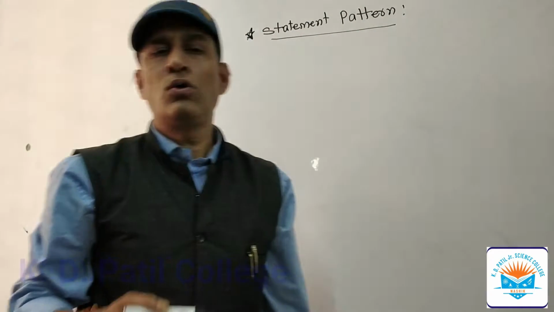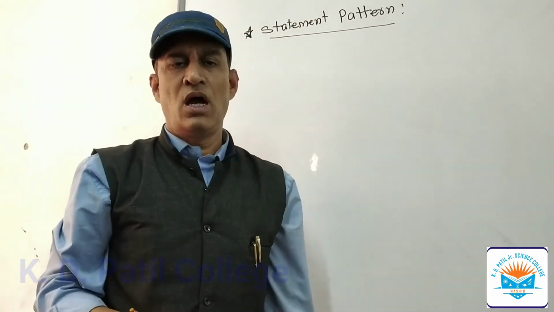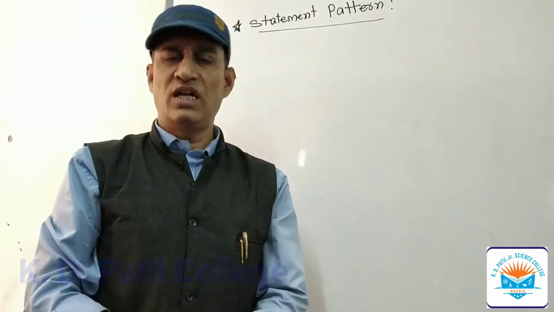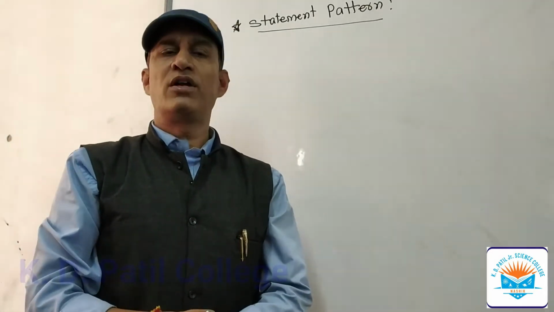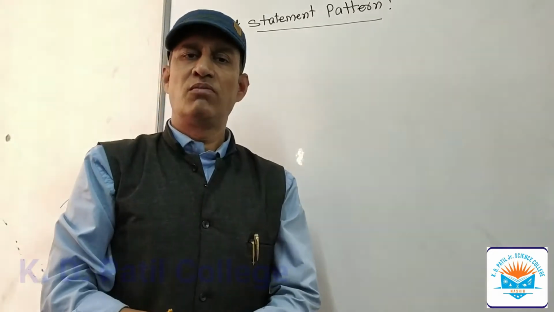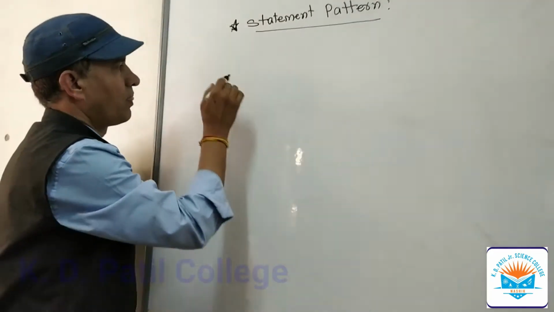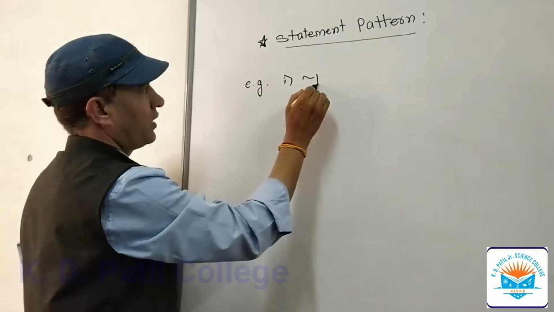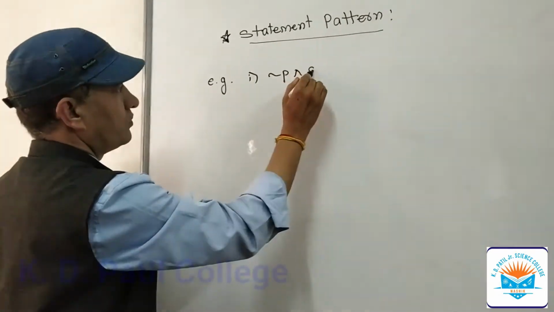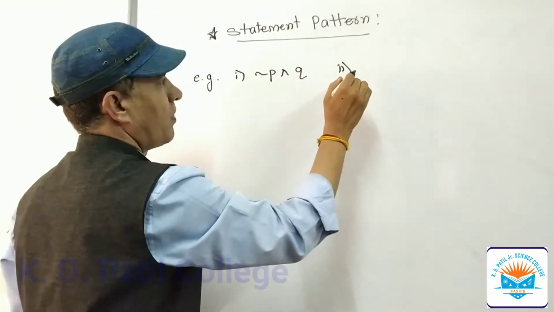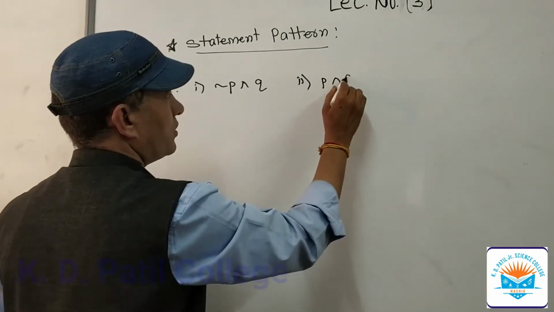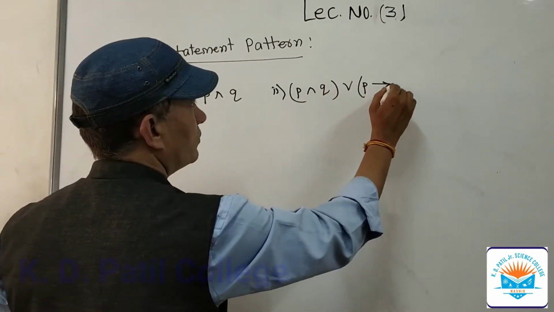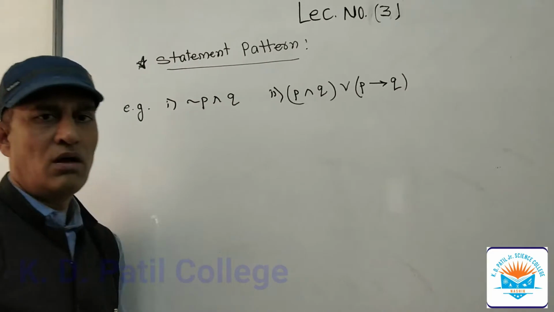If 2 or more atomic statements are connected with 1 or more connectives, then the statement so obtained is called a statement pattern. For example, first, negation P, conjunction Q. Number two, P conjunction Q in brackets, disjunction P conditional Q. These are statement patterns.